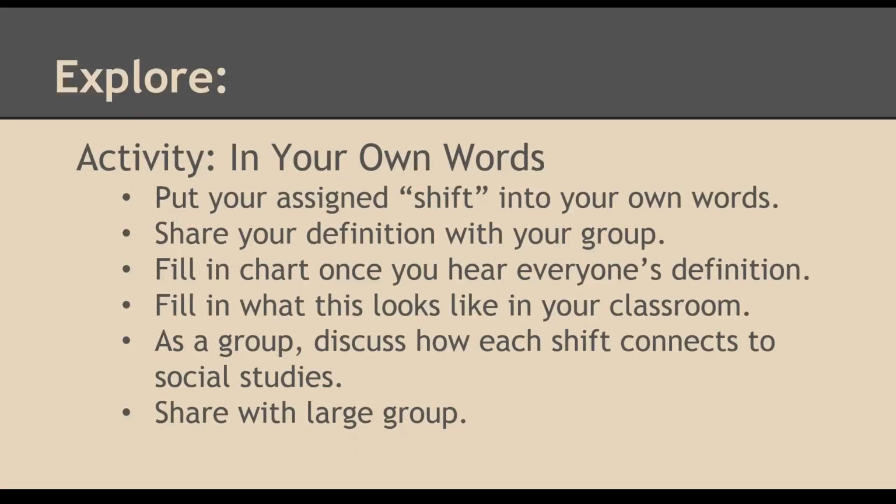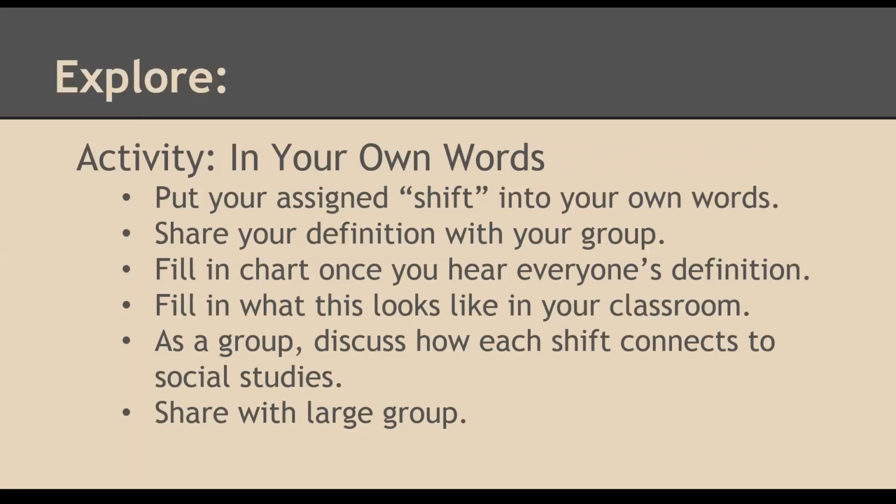Then you're going to think about, in that next column, what does each of those shifts look like in that classroom? So if I were to come into a classroom and ask a student, how is academic vocabulary sort of put into practice, what would that look like in the classroom, or what would that student say? Then you're going to think as a group or individually about how each shift connects to social studies.